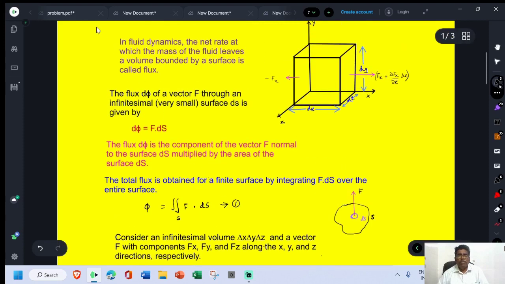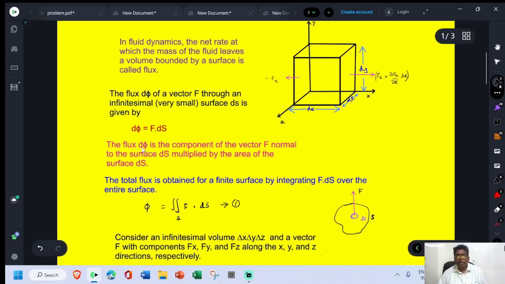Now read out this statement. In fluid dynamics, the net rate at which the mass of the fluid leaves a volume bounded by a surface is called flux. The flux dΠ of a vector f through an infinitesimal surface ds is given by dΠ equal to f dot ds.